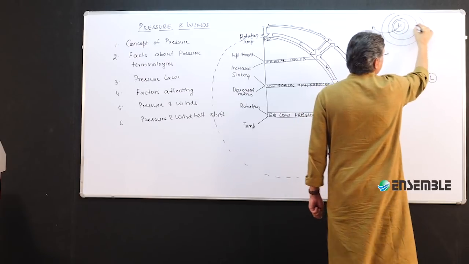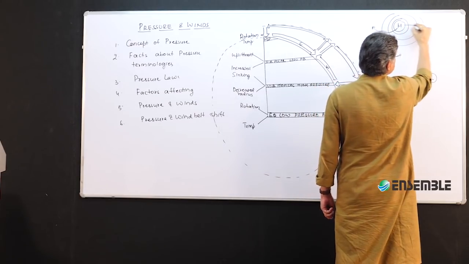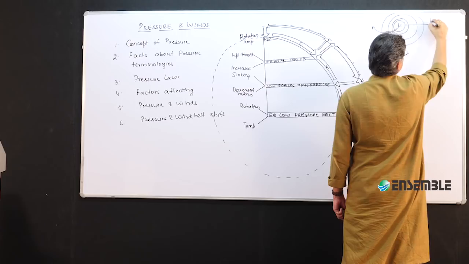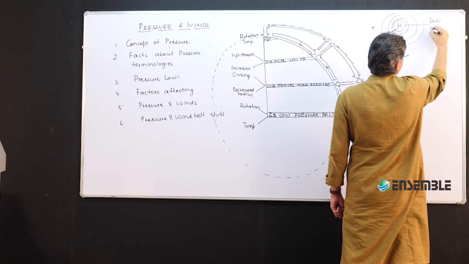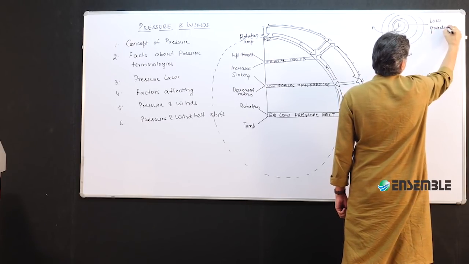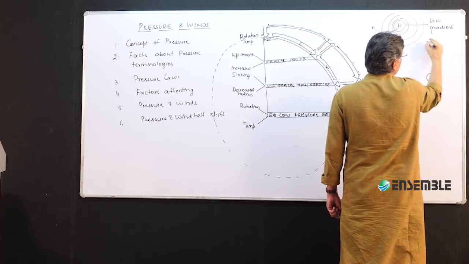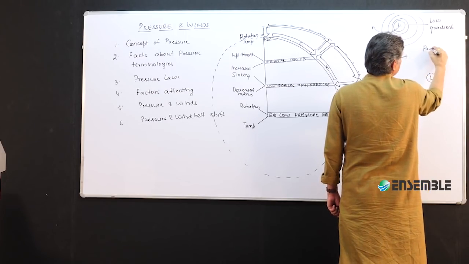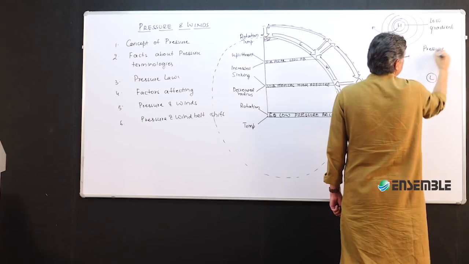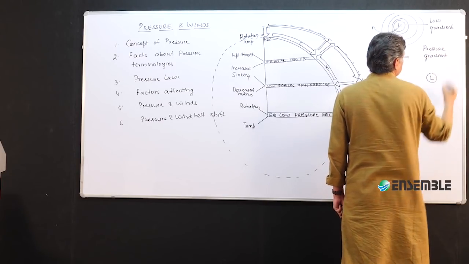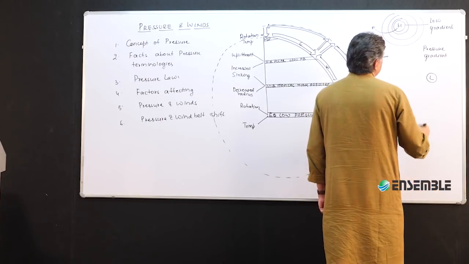Now, in this case, the gradient that exists around high pressure is always low. This gradient is called the pressure gradient. It is always low.